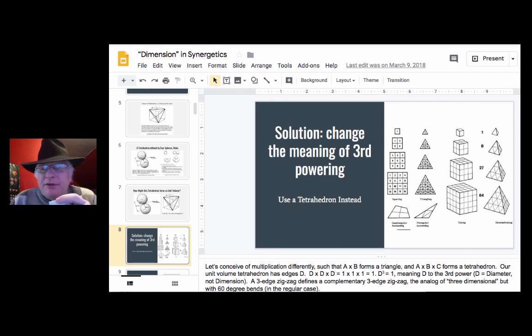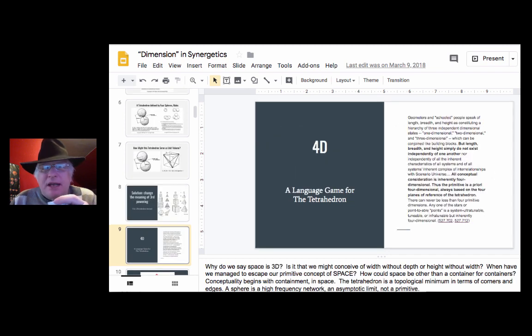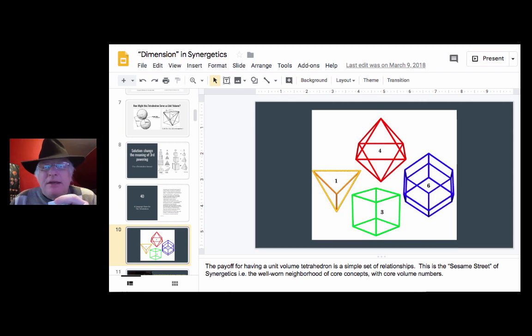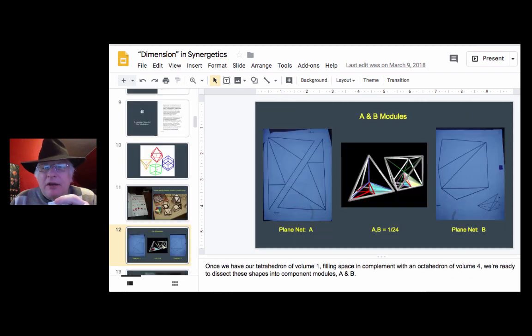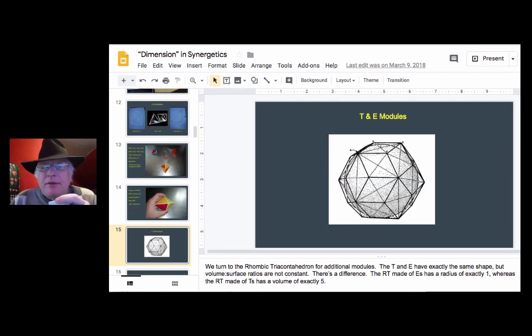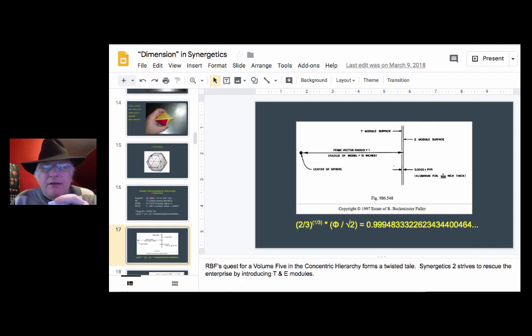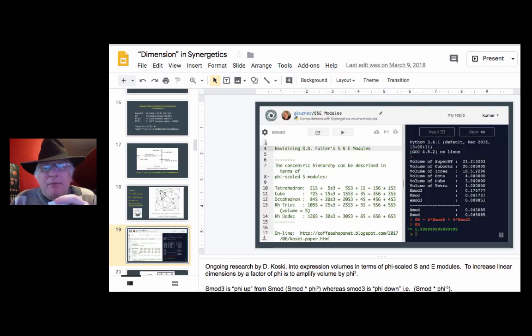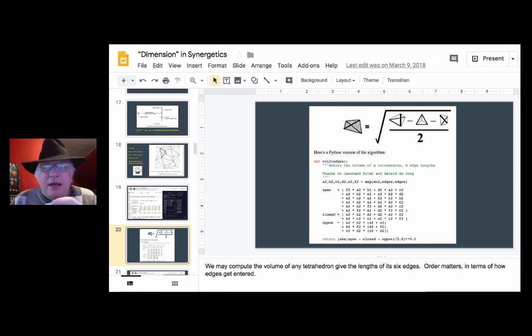which we use to input just the 6 edges of any tetrahedron, right? Regular or not. It just has to be like a legal tetrahedron. And with a bunch of multiplications and additions and a final square root at the end, we're able to pop up the volume of that tetrahedron, just given its edges. And you might say, well, we knew that. There have been formulas like this before.